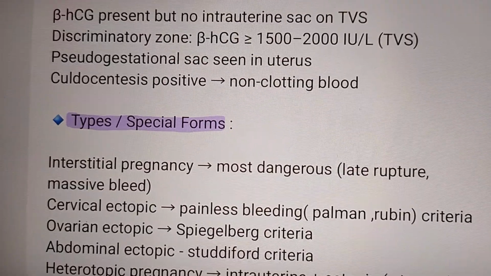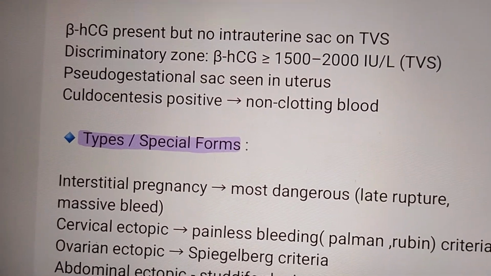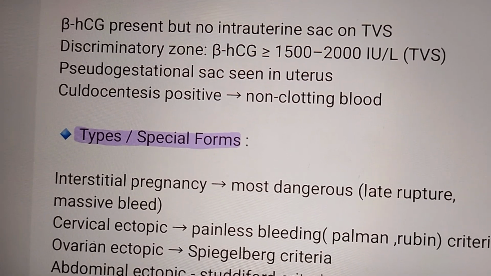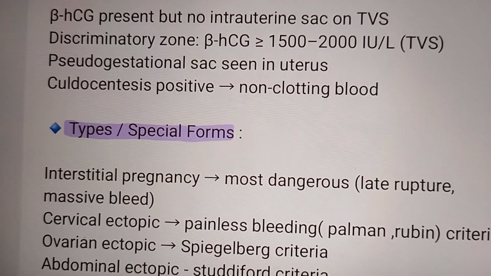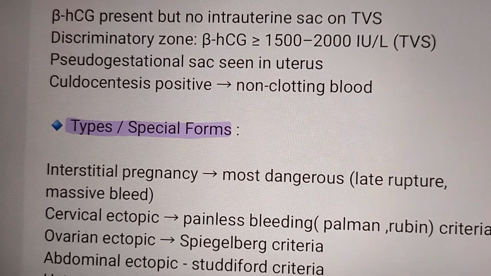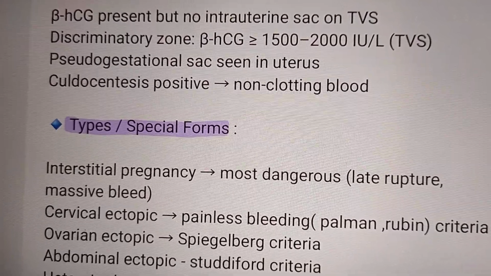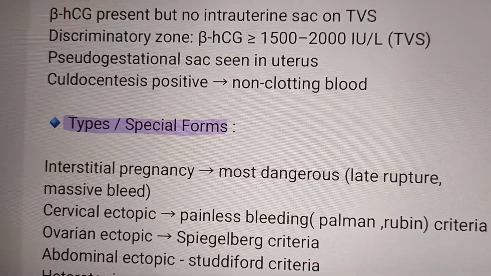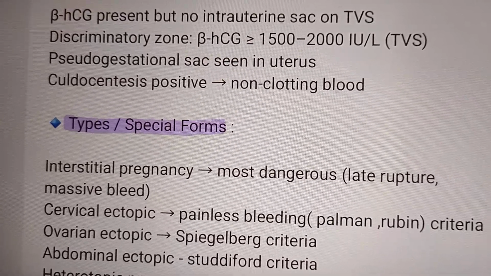So what is the concept for this? Beta HCG for intrauterine pregnancy is seen on TVS at 1500, and on TAS, that is transabdominal scan, at 6,500 international unit per liter.